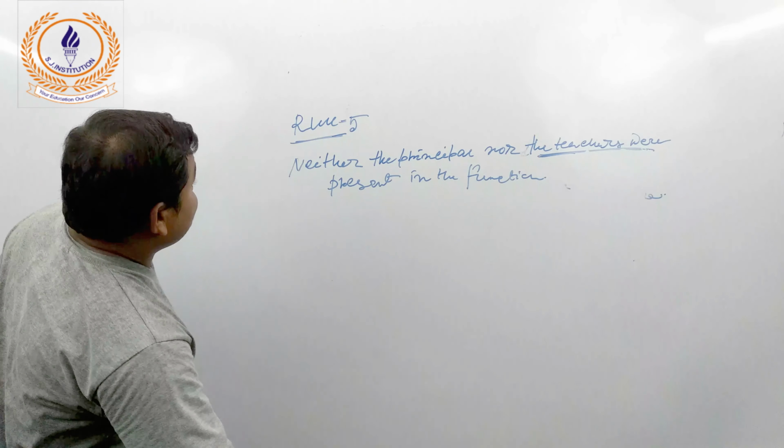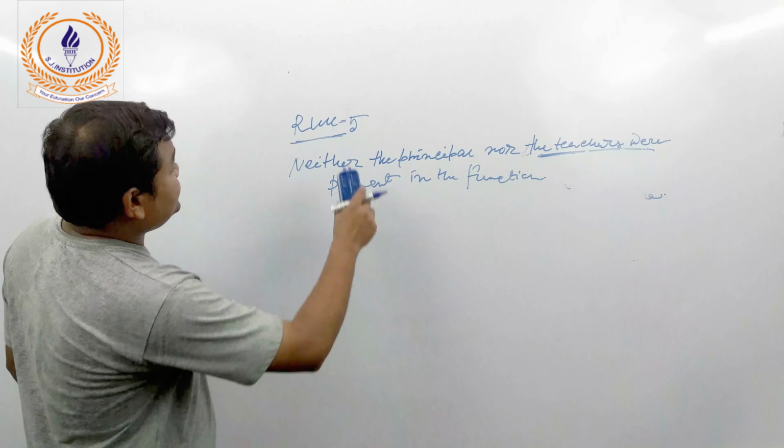Now rule 6. Some nouns end with s and appear plural, but they are actually singular in meaning and take singular verb.